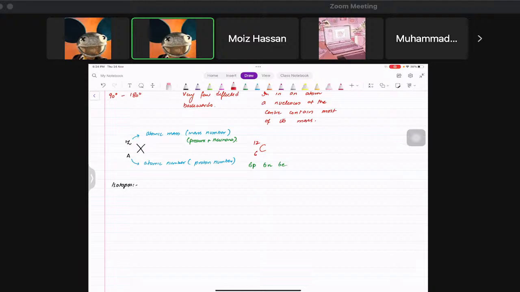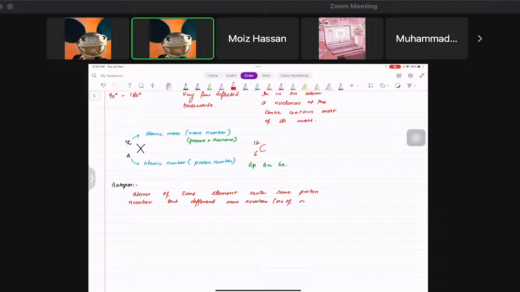Isotopes are basically defined as atoms of the same element with the same proton number but different mass number, or you could say number of neutrons.